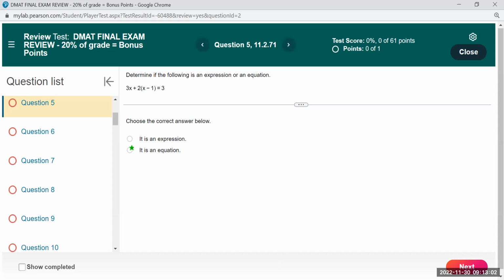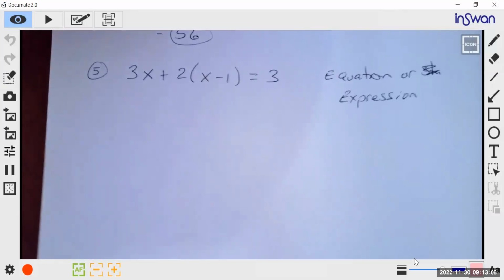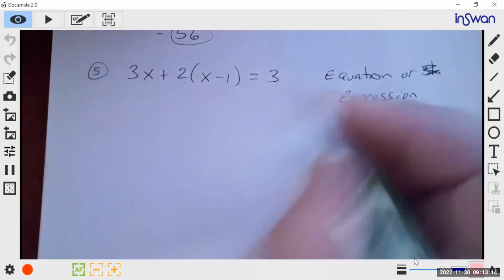So what this one's asking, is it an equation? What do you look for to see if it's an equation?